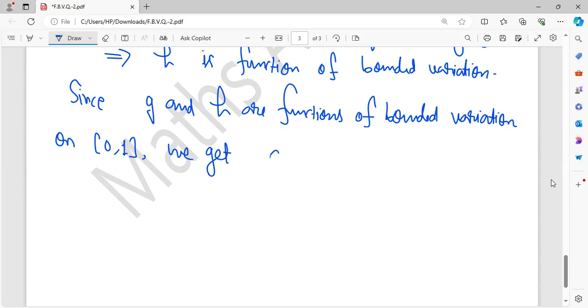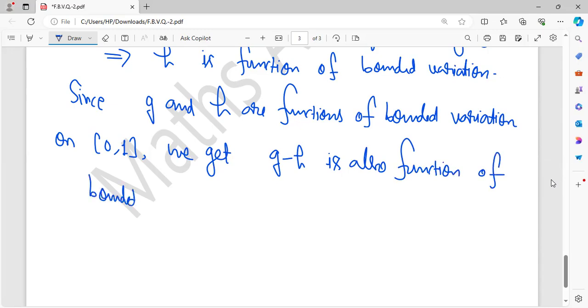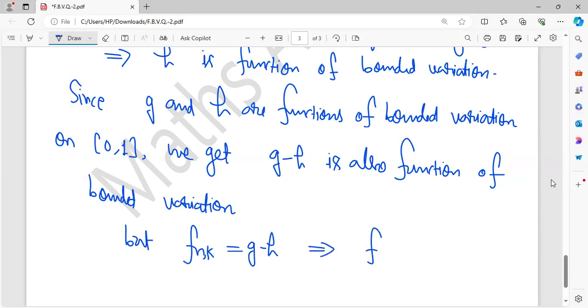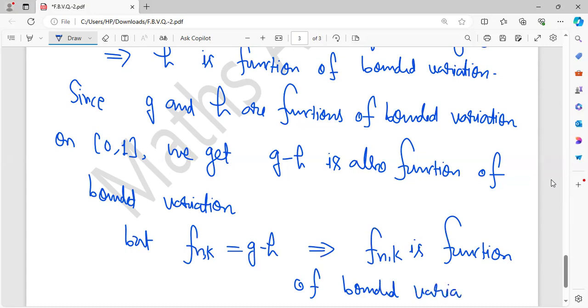So this implies g minus h is also a function of bounded variation. But f_{n,k} is nothing but g minus h. So this implies f_{n,k} is a function of bounded variation, because f_{n,k} is the difference of g and h.